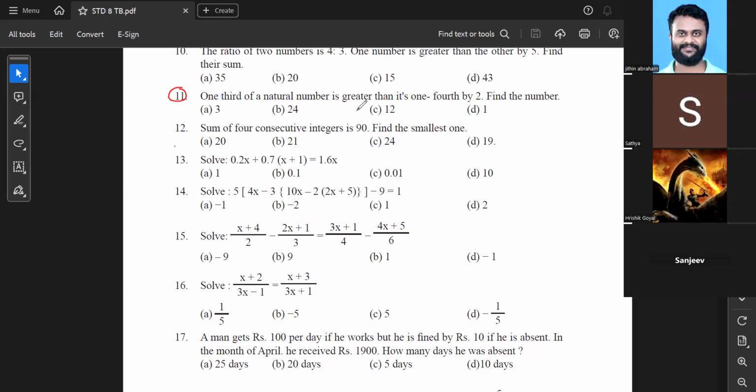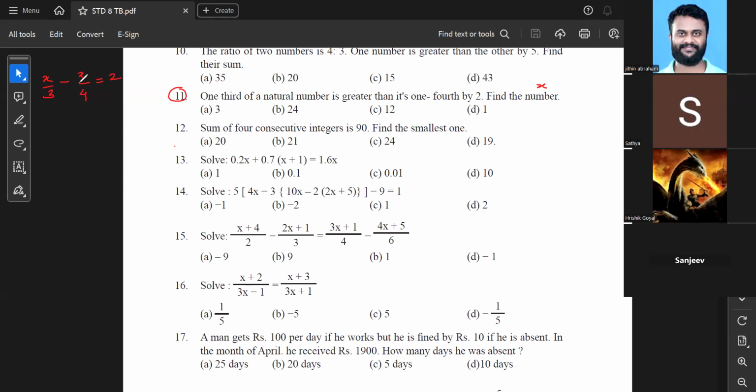One third of a natural number is greater than its one fourth by 2. Find the number. So let me say the number is x. Now, one third of a natural number means x by 3 is greater than its one fourth by 2. One fourth of the natural number is x by 4. It's greater by 2, which means the difference between them is 2.